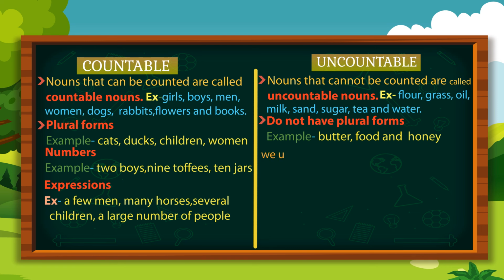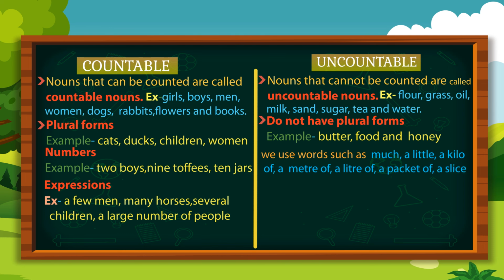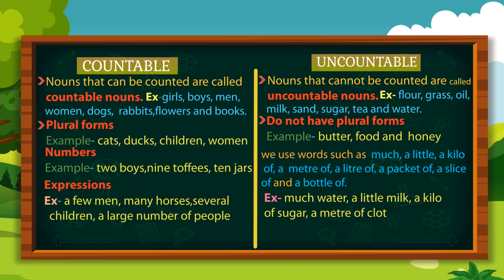For uncountable nouns, we use words such as much, a little, a kilo of, a meter of, a liter of, a packet of, a slice of, a bottle of. For example, much water, a little milk, a kilo of sugar, a meter of cloth.